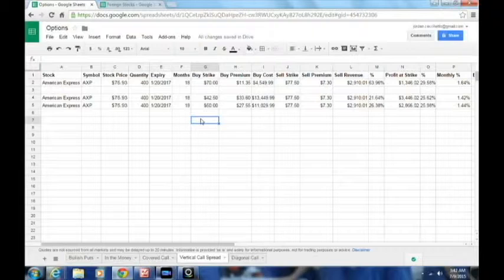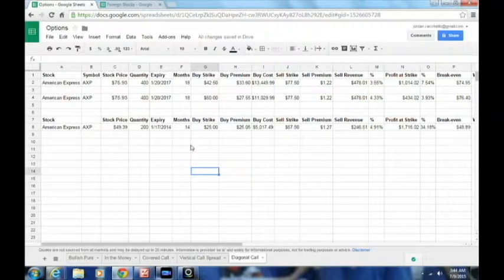Over the long term, this generally benefits you much more, having small monthly premiums as opposed to one far out premium.